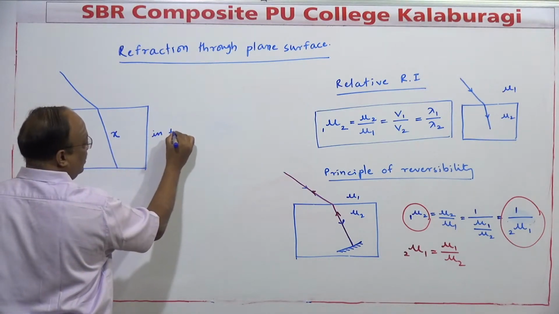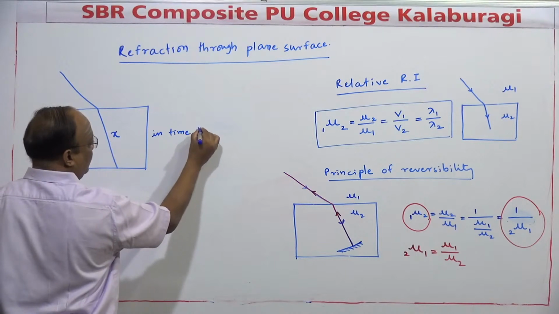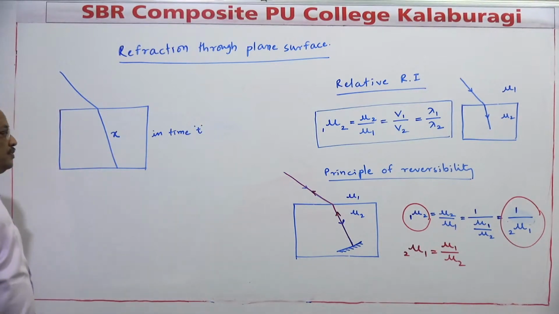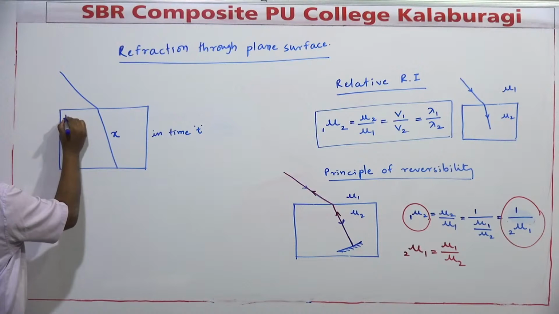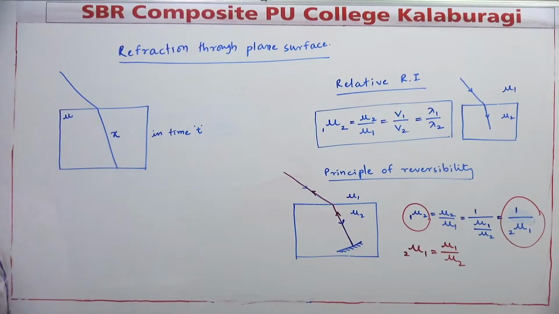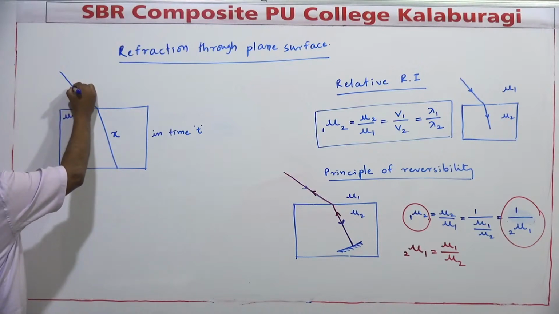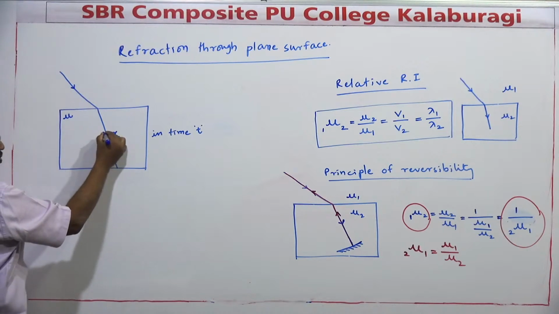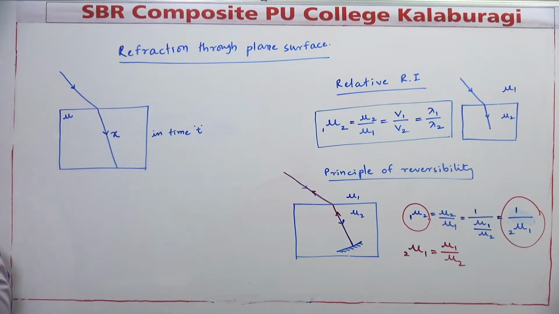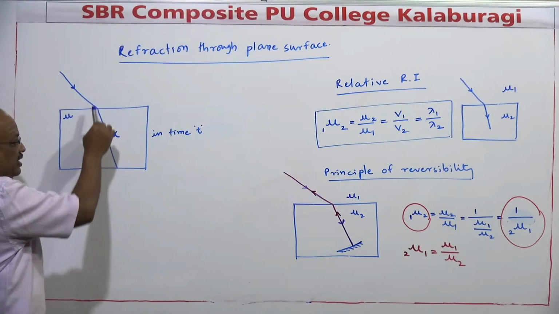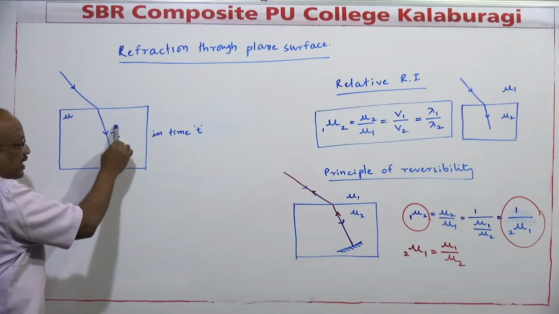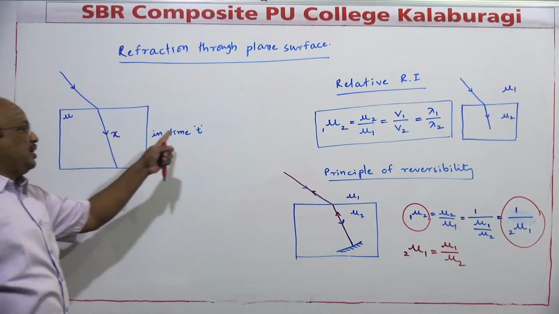This medium is of refractive index mu. So the ray is traveling from a rarer to a denser medium, and in the medium it is traveling a distance x in time t.